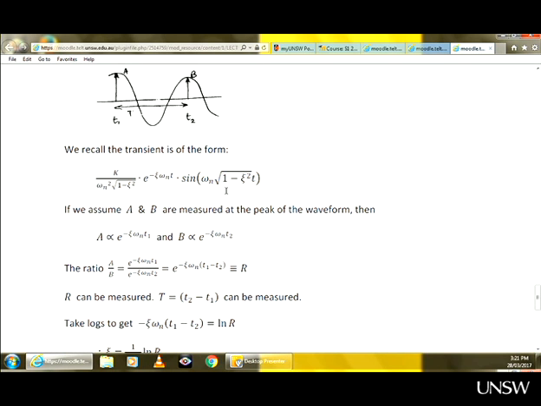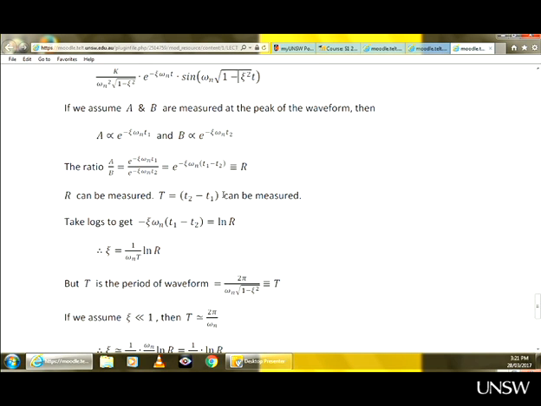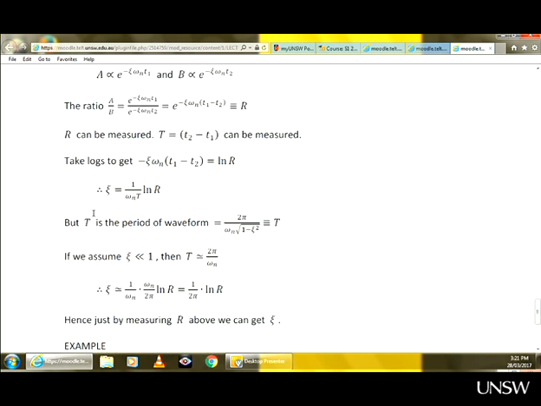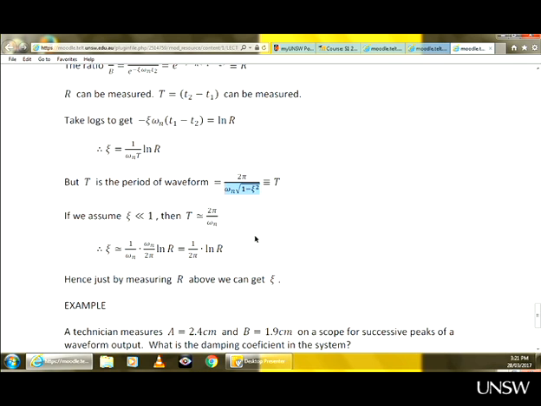Omega n is the natural frequency of the system. It is the property of the system. But the frequency at which the output oscillates is omega n times square root. So if the time is the period, it will be equal to 2 pi over this frequency that we, by the way, call damped frequency.